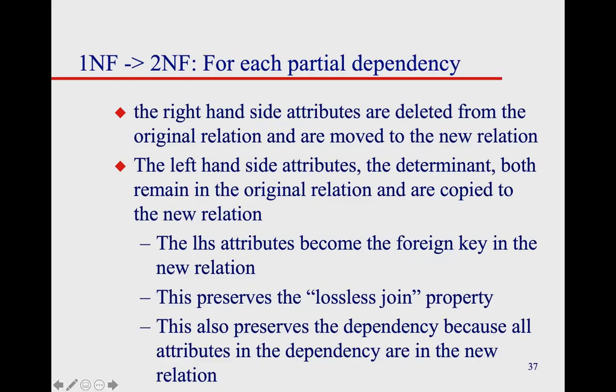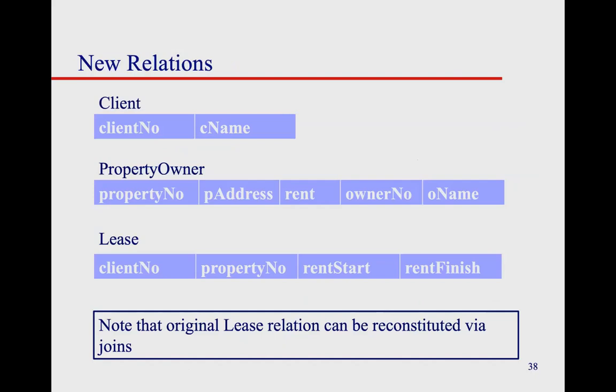Okay, and then this slide is simply telling you what I told you before, that the left-hand side attributes remain in the original relation, but also move to the new relation, that this preserves the lossless join property, that all the attributes in a dependency move to the new relation, and that preserves the dependency in the new relation. Okay, so here we are now in second normal form. Okay, questions about second normal form?